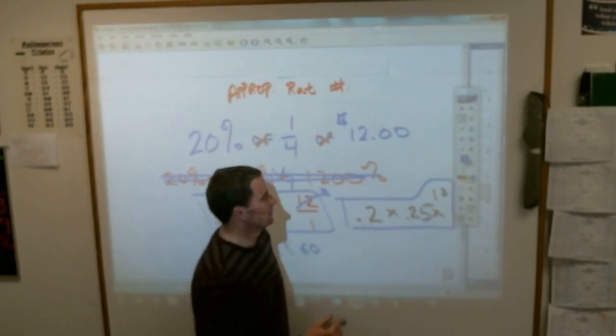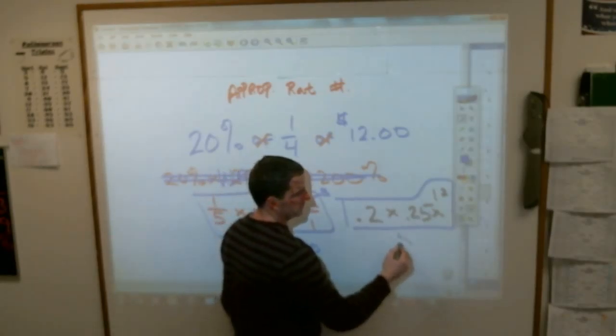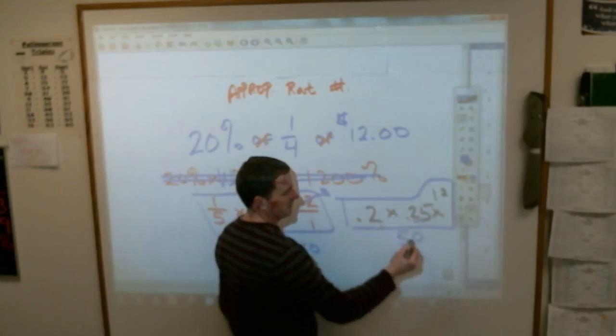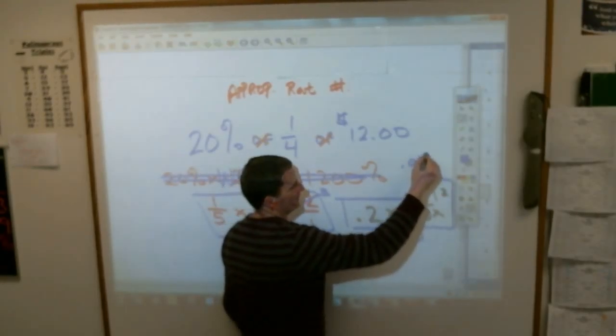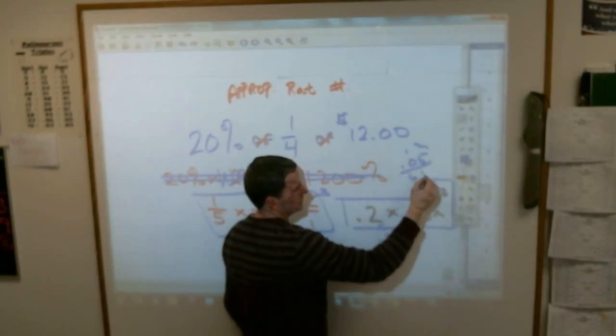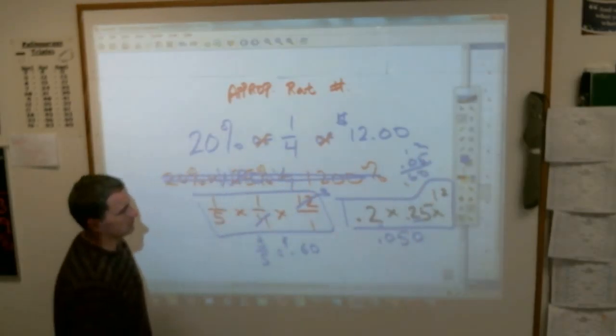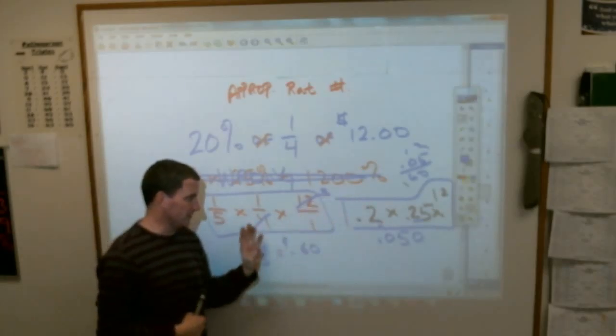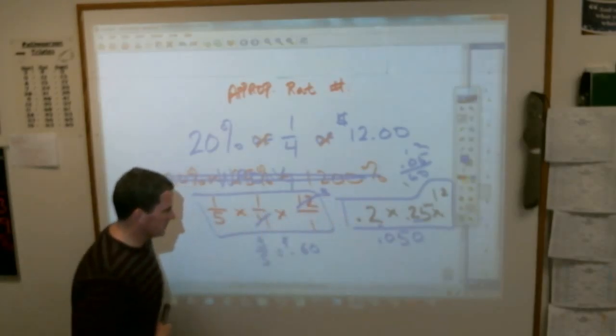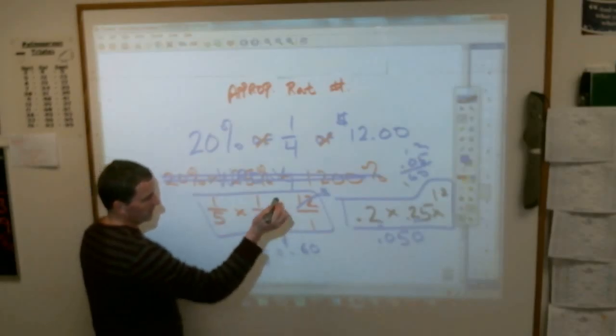Ryan? 0.05. Yeah, you have to multiply these together. 2 times 25 is 50, but it's 3 decimal places, so it's actually 0.05. And then you have to take 0.05 times 12, which is 60 cents. Now you might argue with me that that is easier. It doesn't matter to me, but I think the book is actually getting at you to do this.